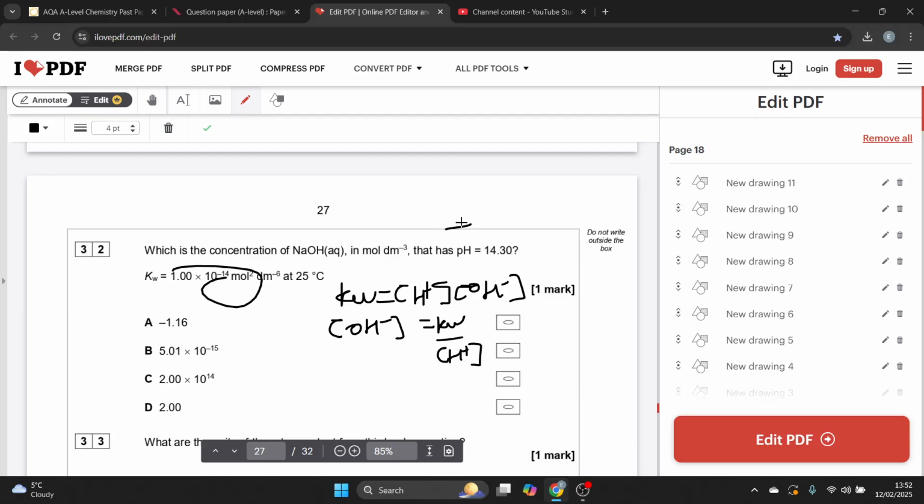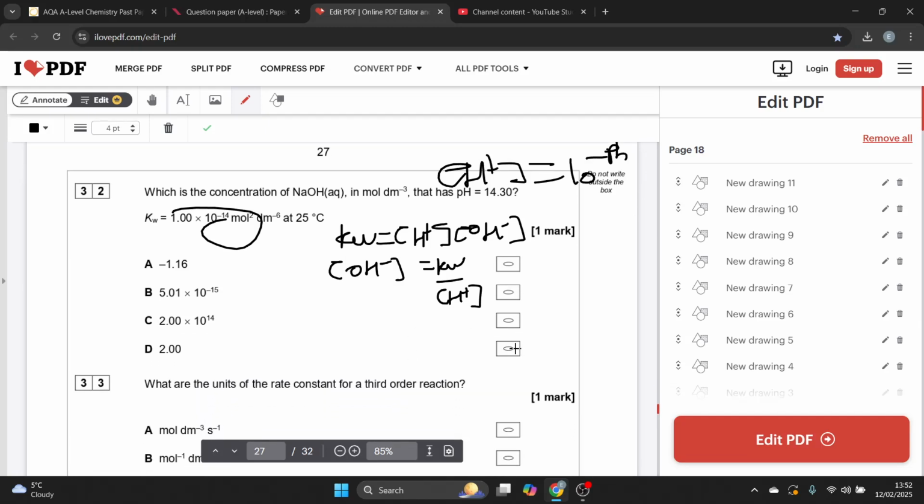I need to find the concentration of H plus. I'm going to use concentration of H plus equals 10 to the power minus pH and then work from there. So it's going to be 1.00 times 10 to the power minus 14 divided by 10 to the power minus 14.30. Well, it's going to be 1.995, so therefore 2.00.